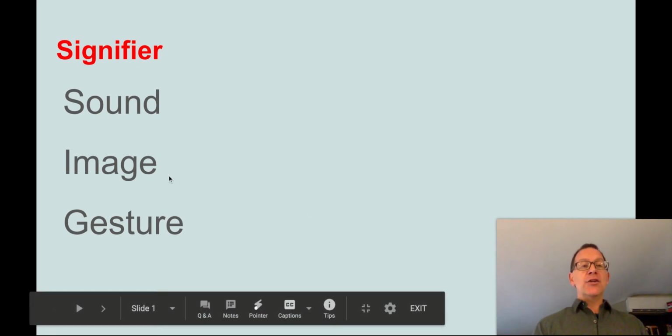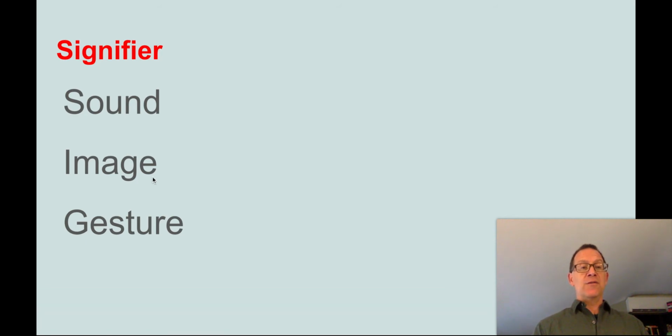For image, for instance, you can see my mouse is pointing to the image of the letter E, also spelled I-M-A-G-E.